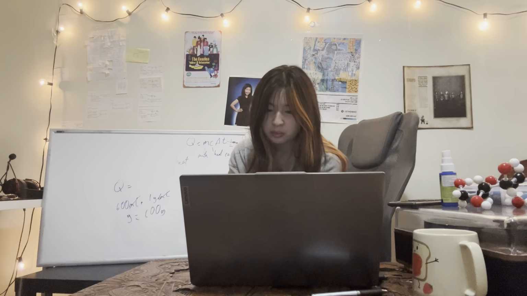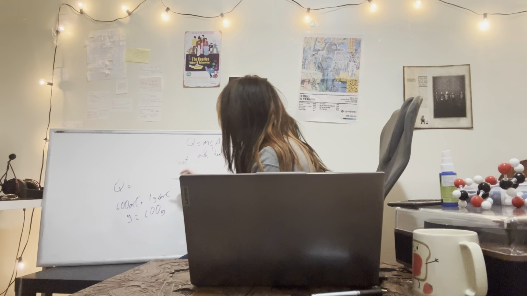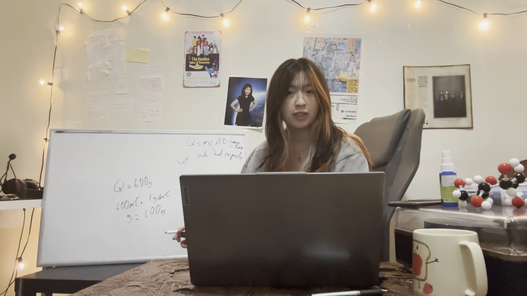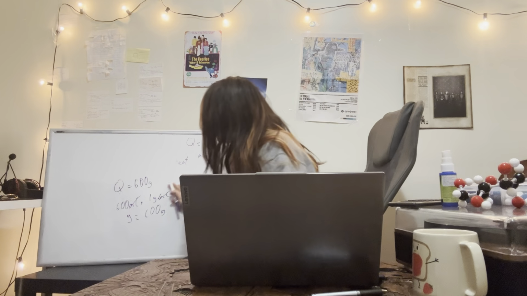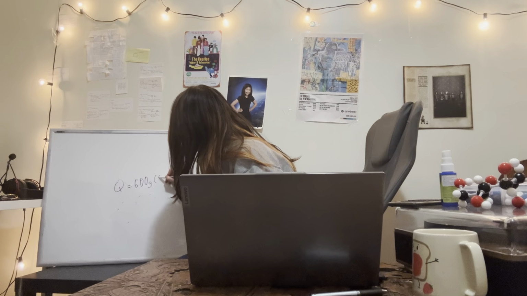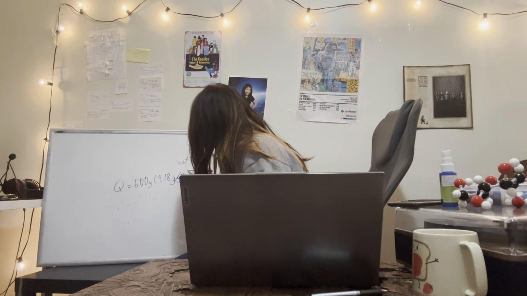Then we're looking for the heat capacity of water. The heat capacity of water, I'll just tell you right now since you'll probably have to search it out, is 4.18 joules per gram times degrees Celsius.